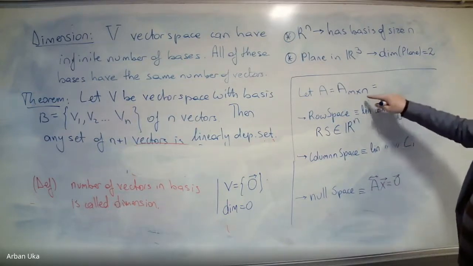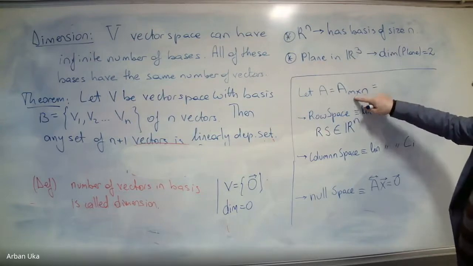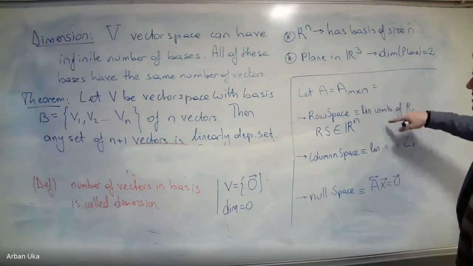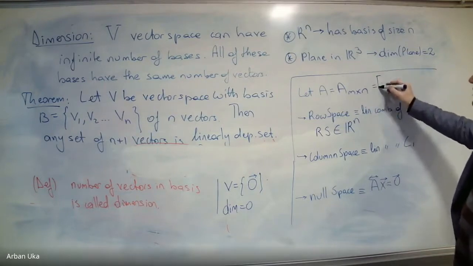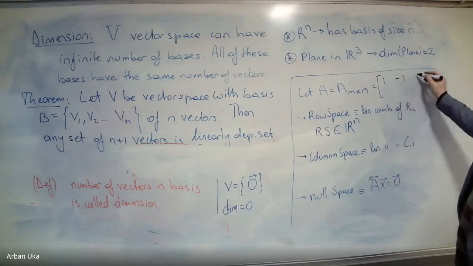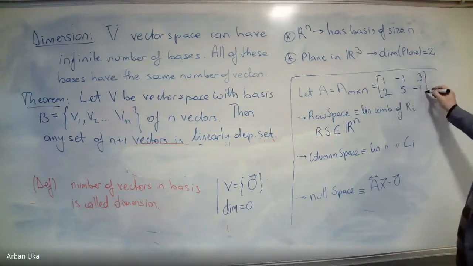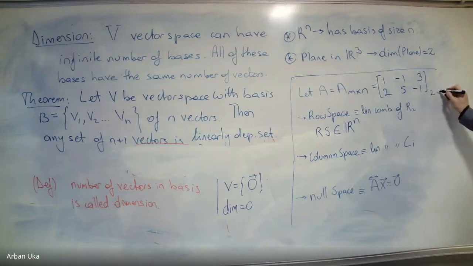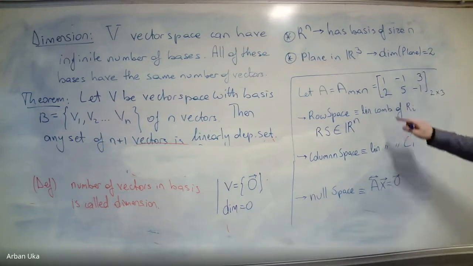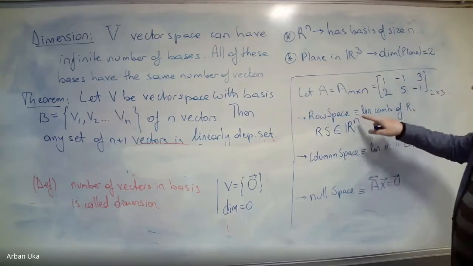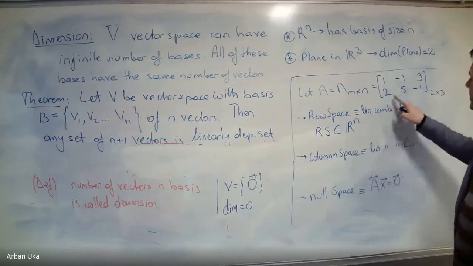We have m rows, but n columns, which means that each row has n entries. So let's think about this one: 1, minus 1, 3; 2, 5, minus 1. This is a 2 by 3 matrix, right? So a row is a subset of R3 in this case.